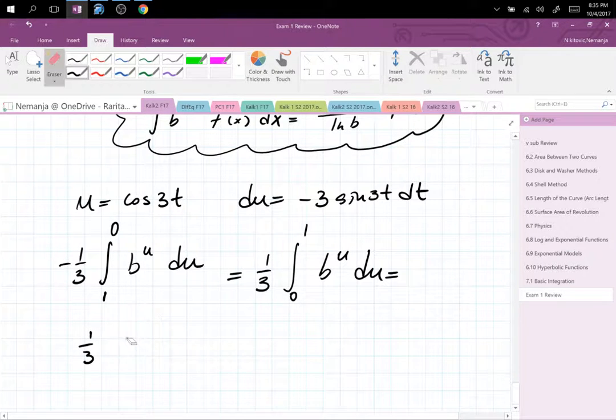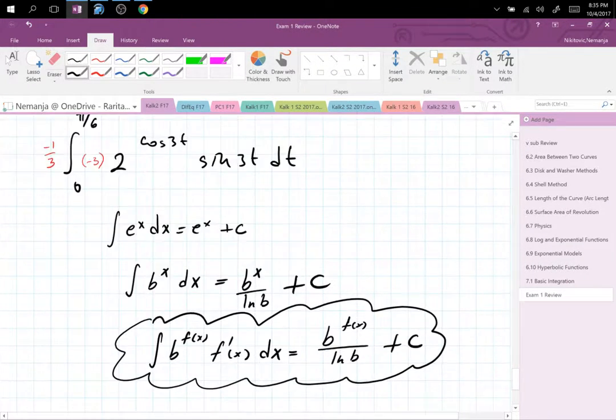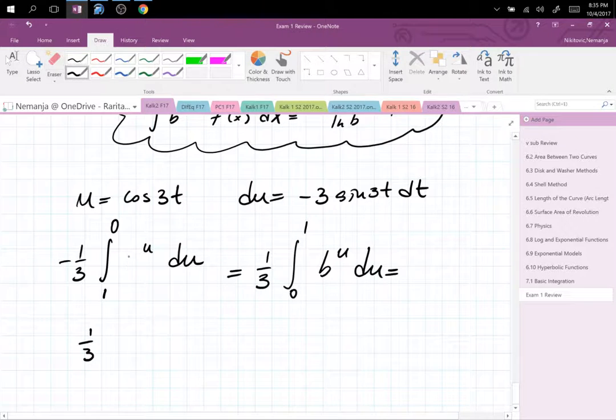This is b to the u. Wait, why am I using b? It's 2. So the integral is 2 to the u over ln 2, and we are computing from 0 to 1.